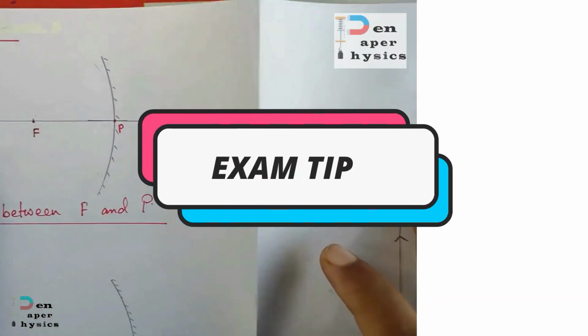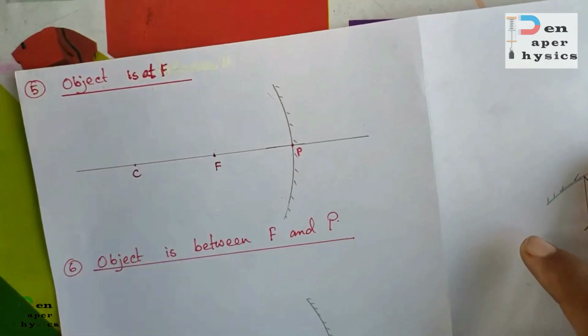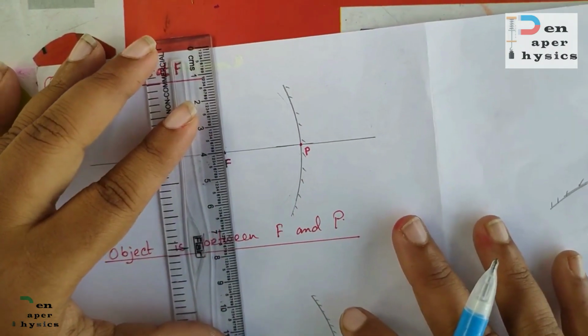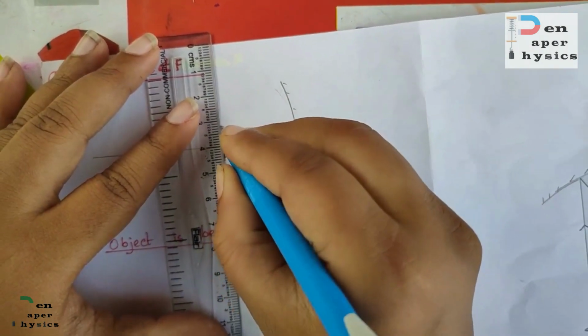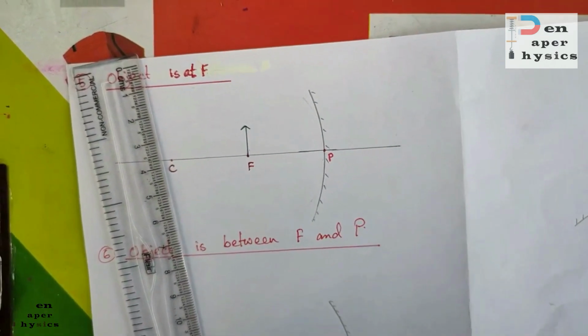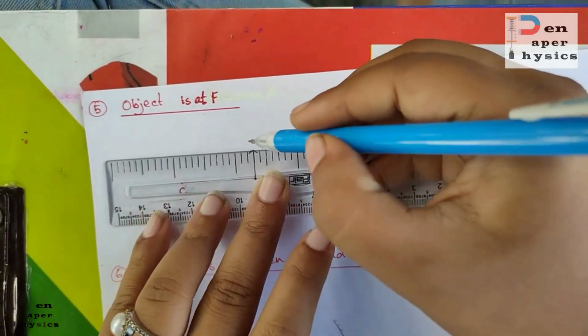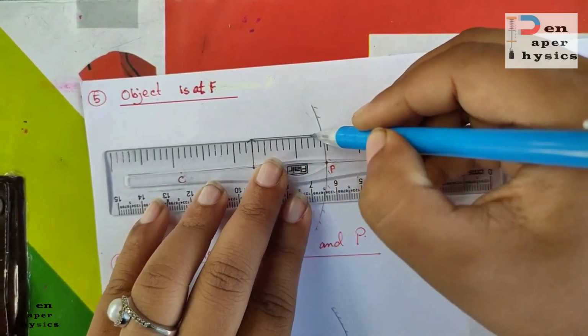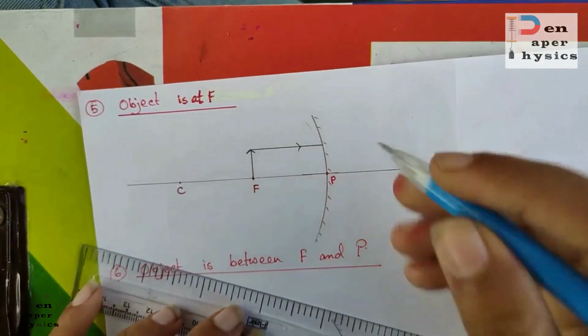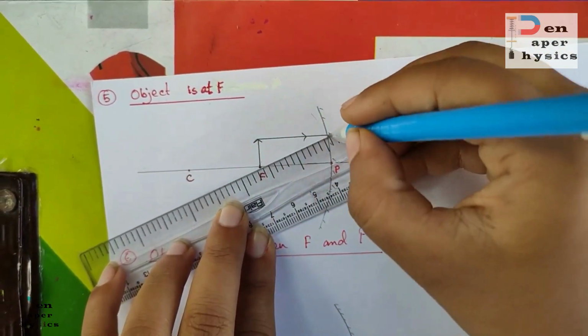Now let's see how we can do it in exam. First we will draw an object at F. Then we will draw a paraxial ray and join the point of incidence and focus, then extend.